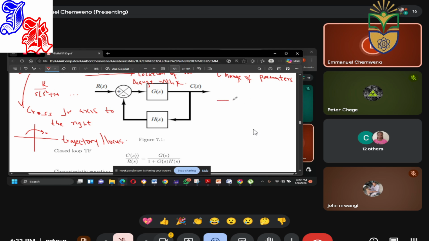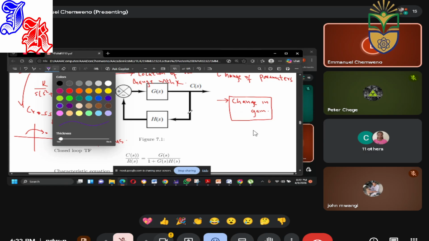We'll only deal with change in gain, but you can deal with any other parameter. So this is the topic root locus.